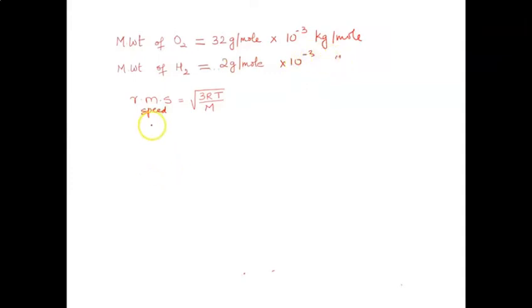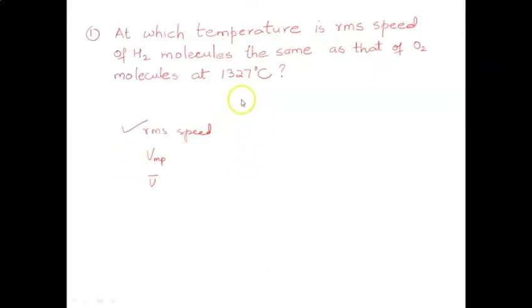Now, when will the two speeds be equal? At what temperature will the speeds of the two molecules be equal? So you have to find out the temperature. If you look at the problem, we are given the temperature of oxygen molecules, and we have to find out the temperature of the hydrogen gas molecules.